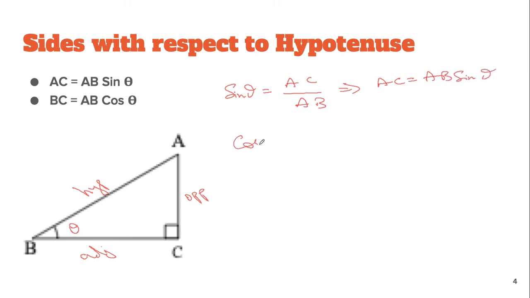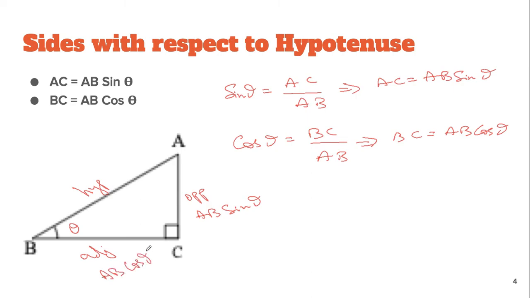Similarly, we know cos theta equals adjacent side, that is BC, by hypotenuse, which is AB, and when we simplify this, we get BC equals AB cos theta. So this opposite side we can write as AB sin theta, and this adjacent side we can write as AB cos theta.